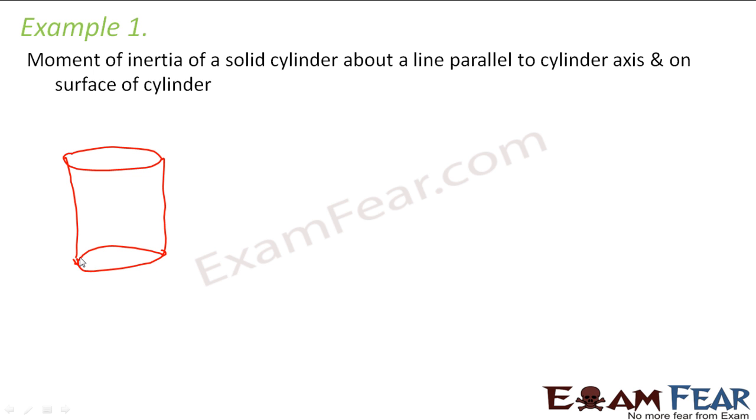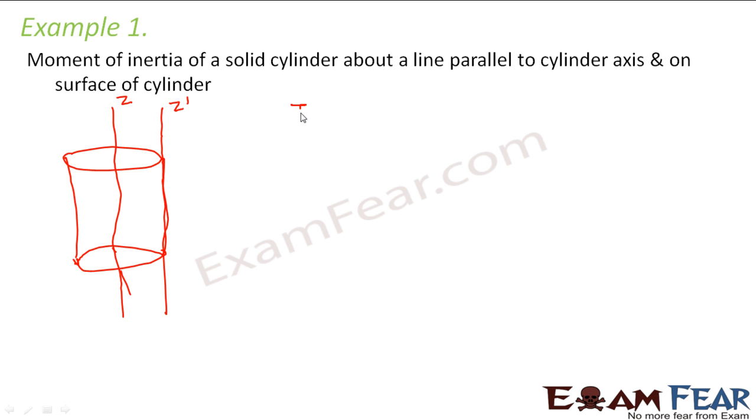The axis of the cylinder is this one, let us call this axis z. We have to calculate the moment of inertia about a line parallel to the cylinder axis and on the surface of the cylinder. That means this is my axis. It is parallel to this axis and also lying on the surface of the cylinder.